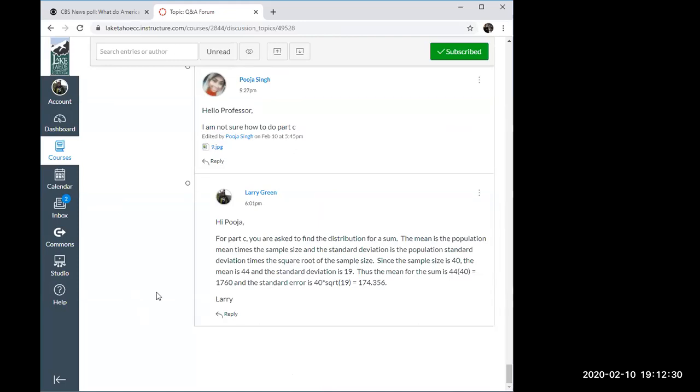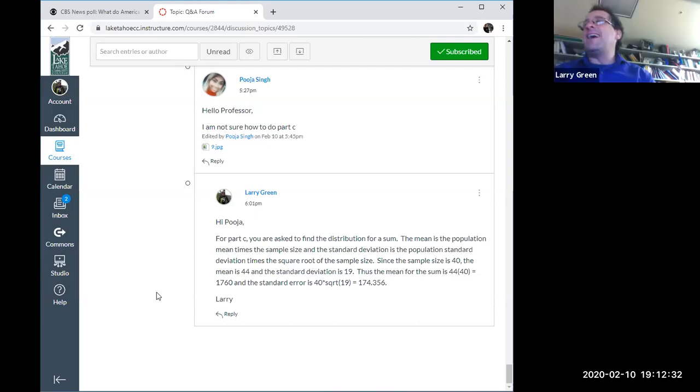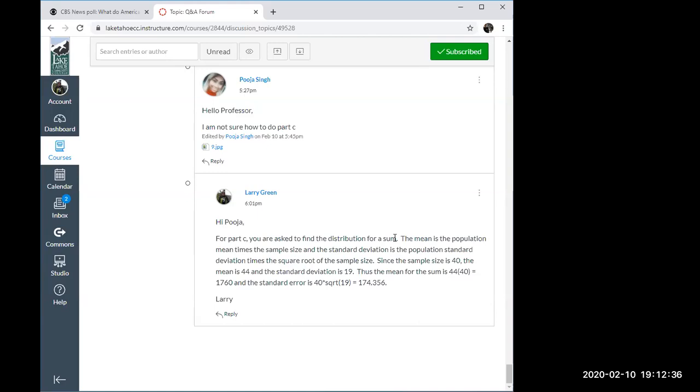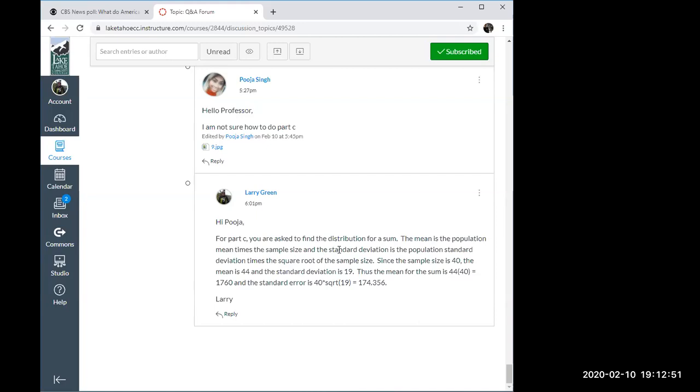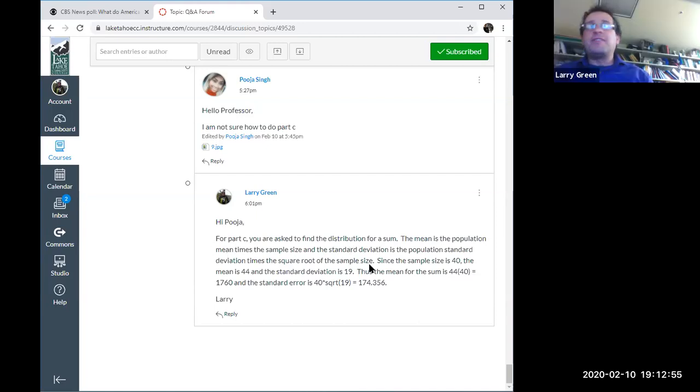Okay. So the idea here is you asked for a sum. You had that capital sigma, that's summation. Do you remember that from last week? When you have that, there's a formula to get the mean: you take the population mean times the sample size. To get the standard deviation, you take the population standard deviation times the square root of the sample size.